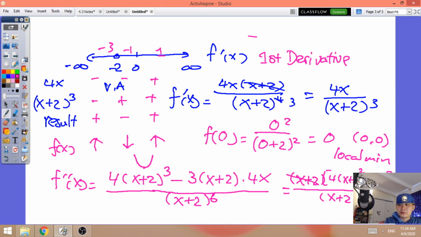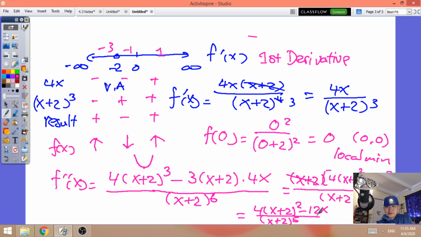Again, this one can be reduced to the power of 5. Okay, so let me just rewrite it. So the top part is just 4 times the quantity of x plus 2 squared minus 12x, and it's all over x plus 2 to the power of 5.